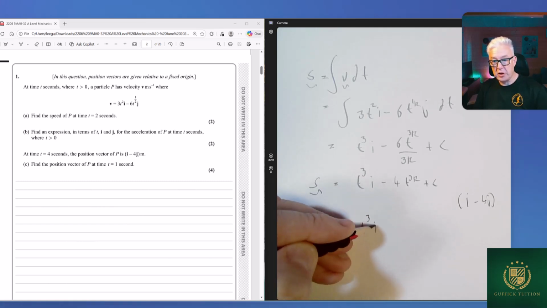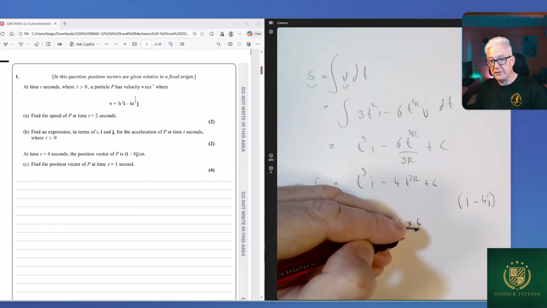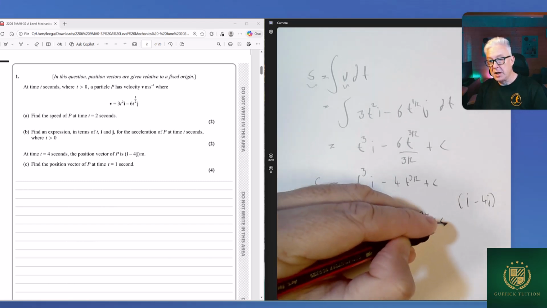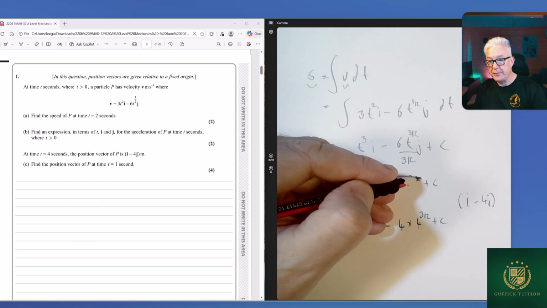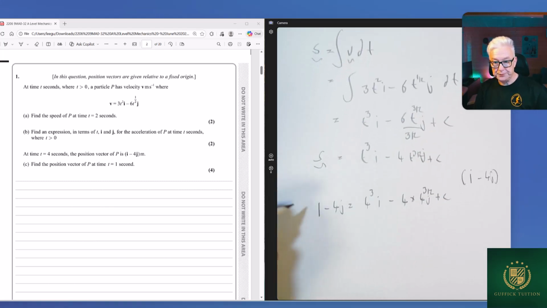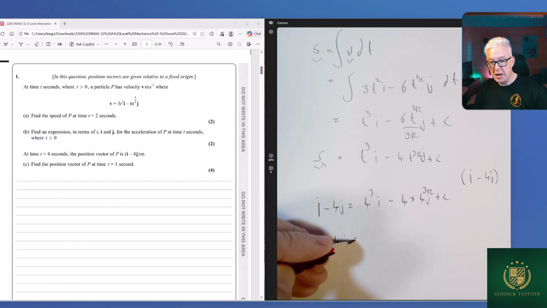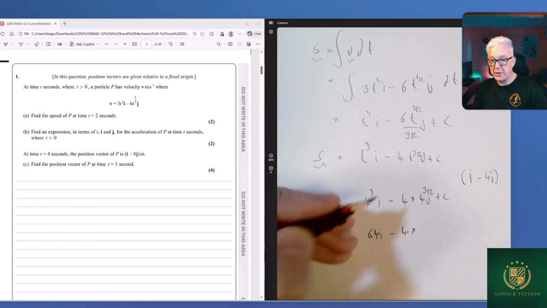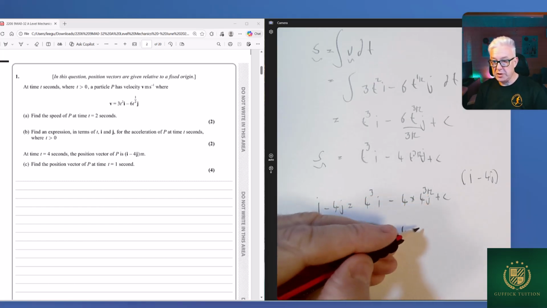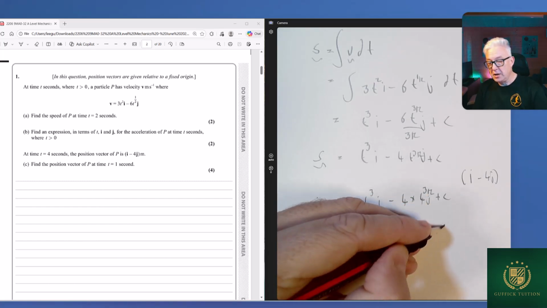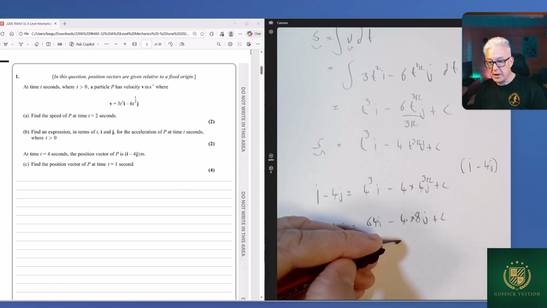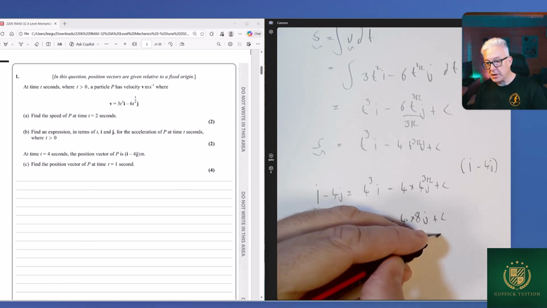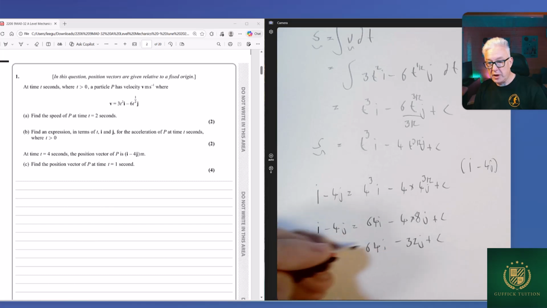Okay, so we've got 4 cubed i minus 4 times 4 to the power of 3/2 plus c, and that should be j there. So we have i minus 4j is equal to 64i minus 4. Now we're going to have the square root of 4, which is going to be 2, and 2 cubed is going to be 8j plus c. So we're going to have 4 times 8, so minus 32j plus c, and we're going to have 64i there, and we're going to have i minus 4j.